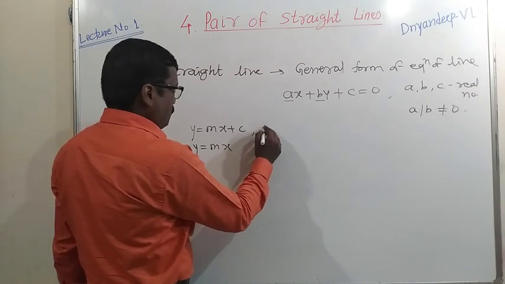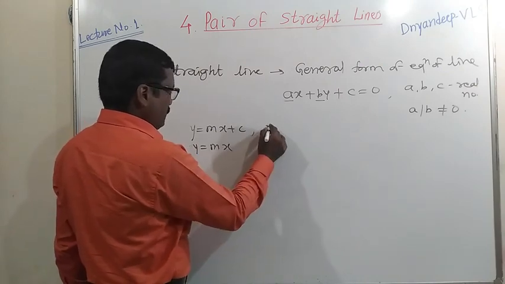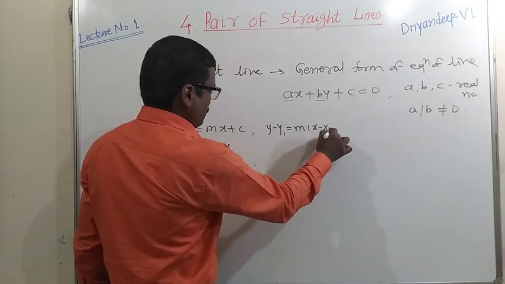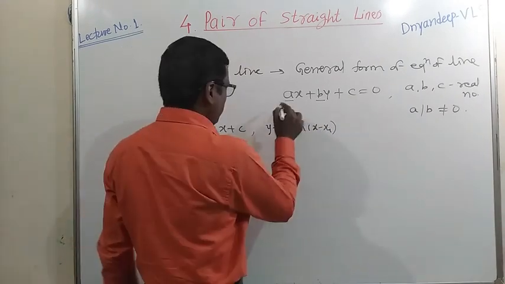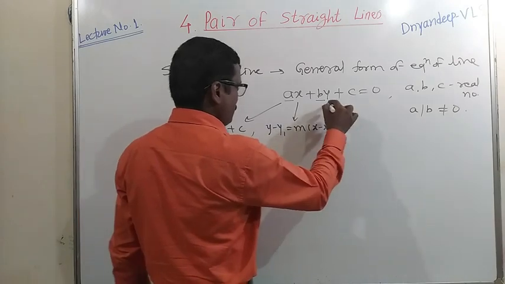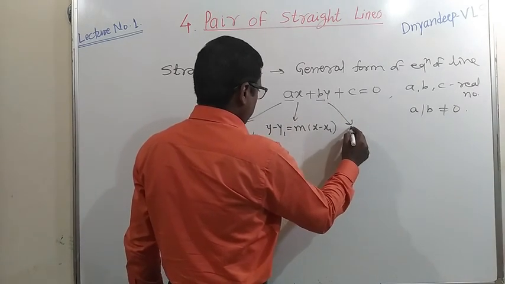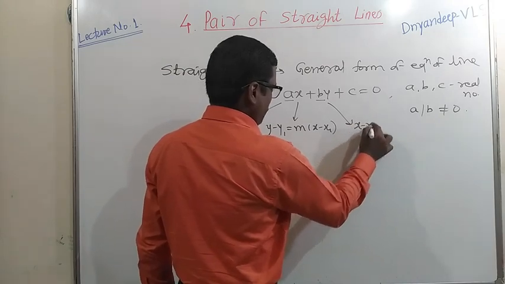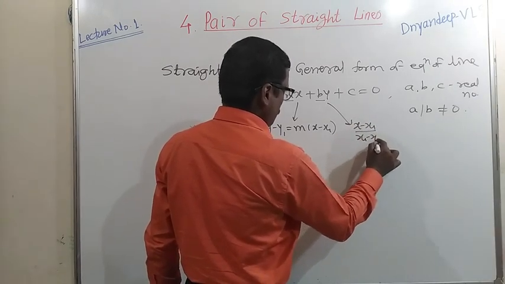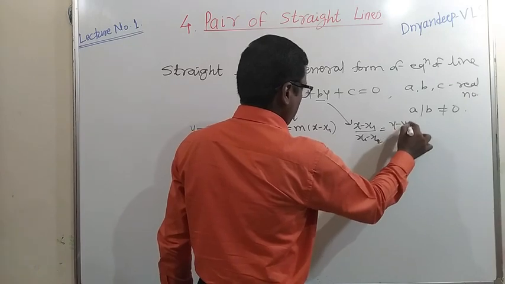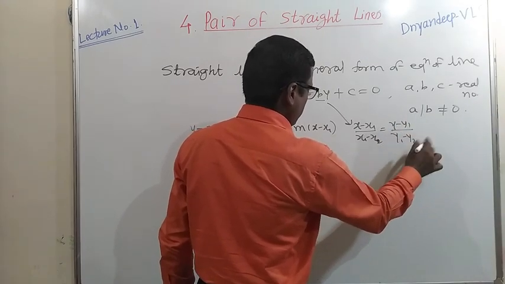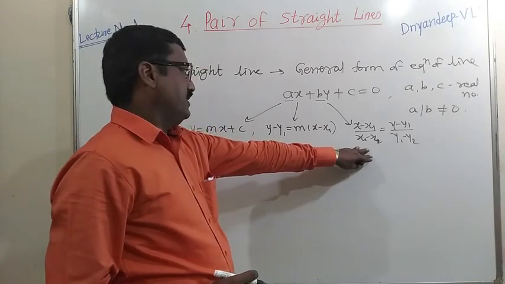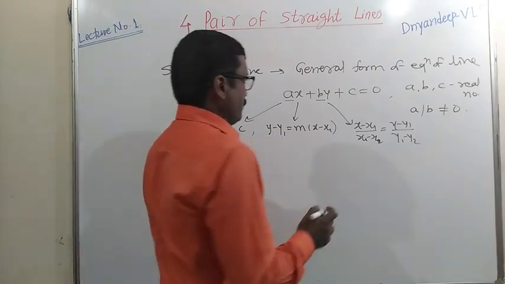Then slope point form, that is y minus y1 equal to m into x minus x1. Then the next one is x minus x1 upon x1 minus x2 is equal to y minus y1 upon y1 minus y2. That is the symmetric form of line or two point form of line.